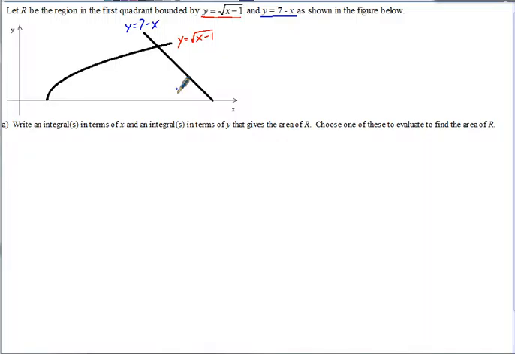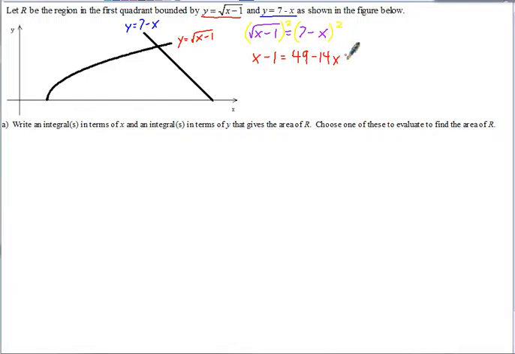Well, first we need to find points of intersection. To find this point of intersection, if it's not given to you already, you can just set the functions equal to each other. Square root of x minus 1 equals 7 minus x. To solve this, you can just square both sides. That gives you x minus 1 equals 7 minus x times another 7 minus x. 7 squared is 49, and then you have negative 7x and another negative 7x, which is negative 14x.